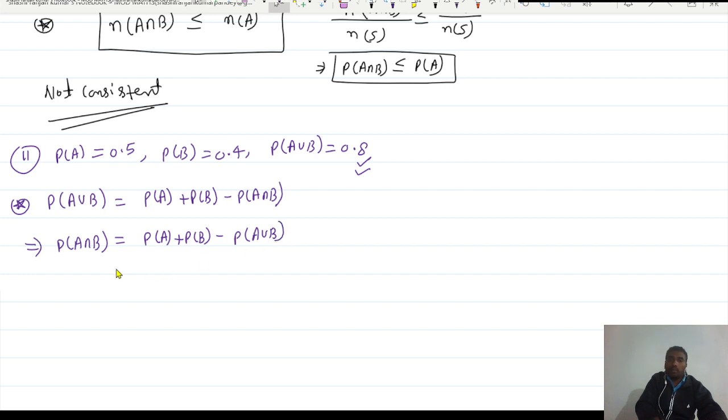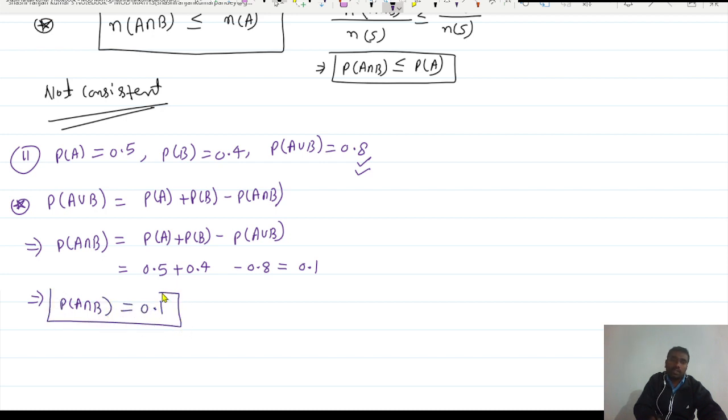Putting in the values, that is 0.5 plus 0.4 minus 0.8, which gives 0.1. You can clearly see the intersection value is less than both A and B, so it is acceptable. So it's consistent, no problem anywhere.